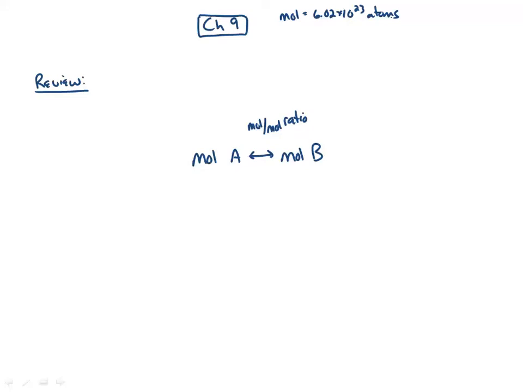And then we added on another part. We said, we already know from Chapter 7 that if I have grams of A, I can convert to moles of A. This was our molecular weight from Chapter 7, and that's a unique constant, remember, in that it's different for every single compound. So here, this depends on the compound.